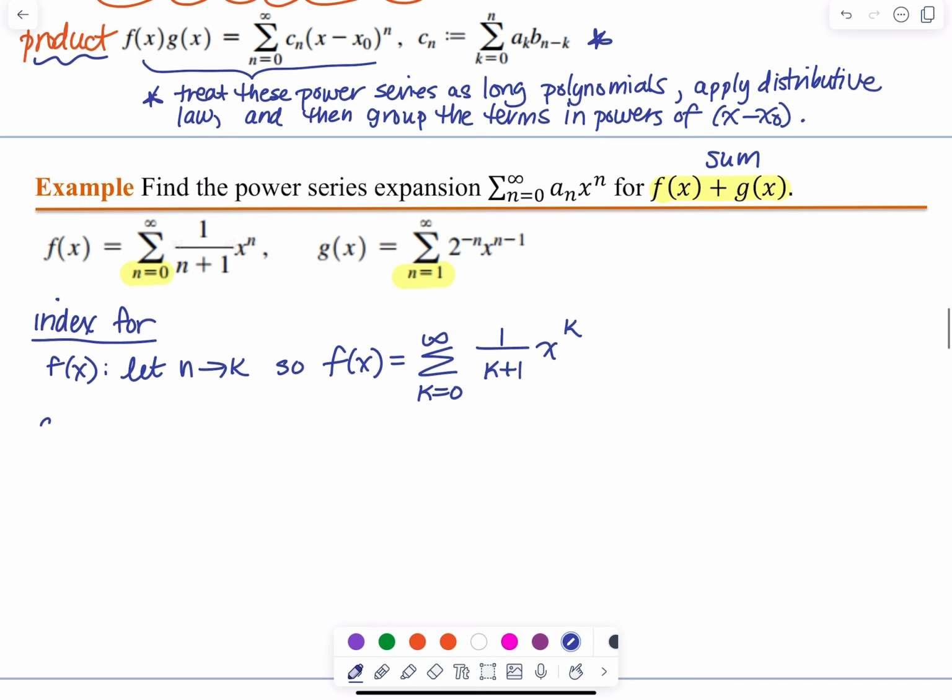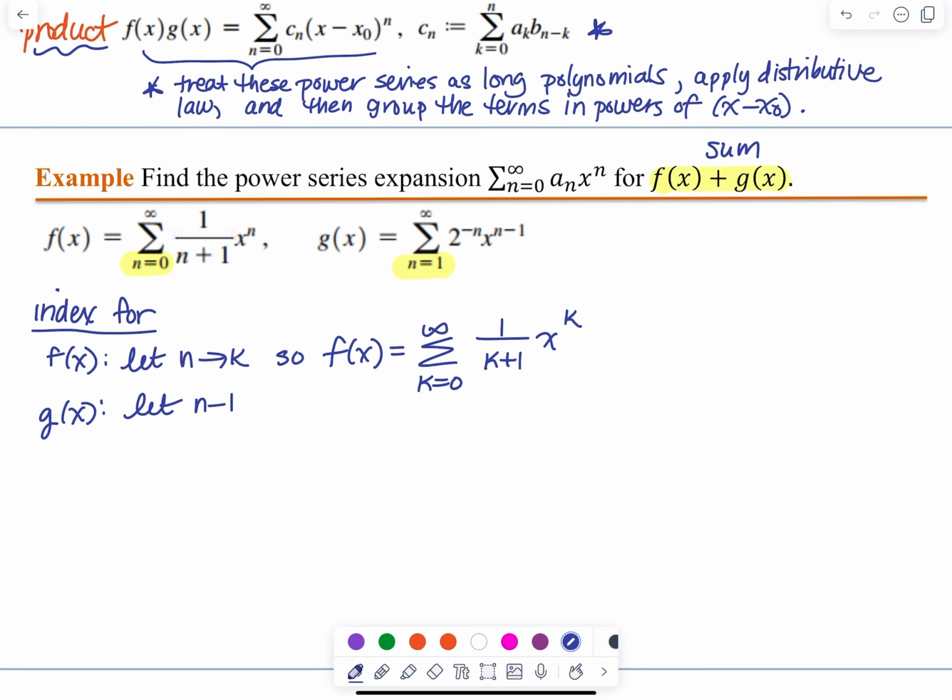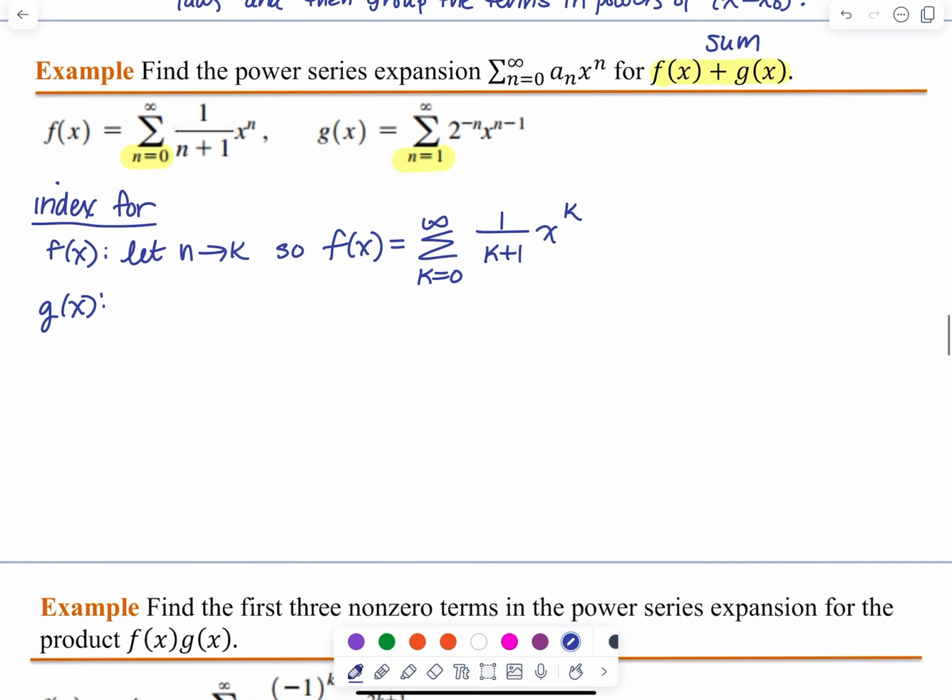However, for g of x, this time, as you can see, n is equal to 1. We're going to let n minus 1 approach k. So now we're going to have g of x is going to be equal to the sum from k equals 0 to infinity.